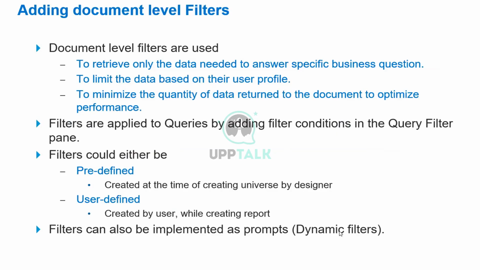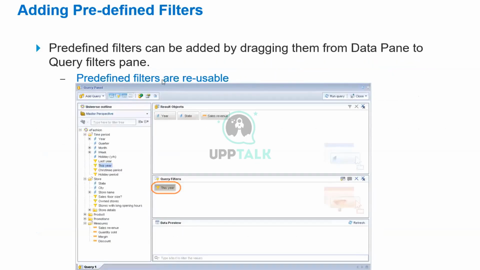Filters can also be implemented as prompts, like the dynamic filters I told you about, or as predefined filters. In the universe also, we can create filters, like this year, last year, by writing a formula there.